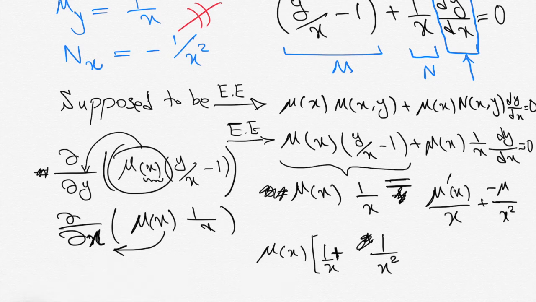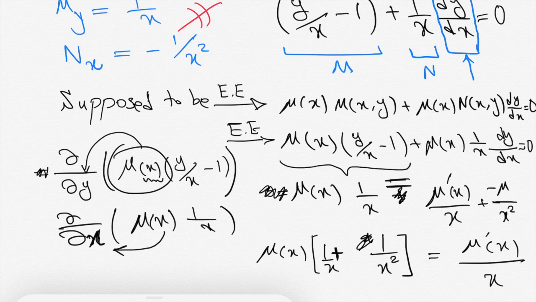It was a mistake. Therefore we should say that this is 1 over x plus 1 over x squared. This is equal to mu prime of x over x, right?